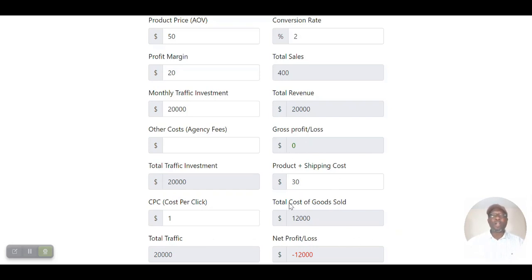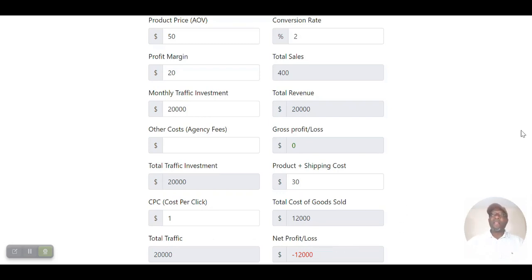Now, cost of goods sold is how much they spend in actually fulfilling the product. Okay, up to the gross revenue, they haven't fulfilled the product, but when they now fulfill this product, these 400 sales, spending $30 to send each product, then that amounts to $12,000. Now they are in the red with $12,000.